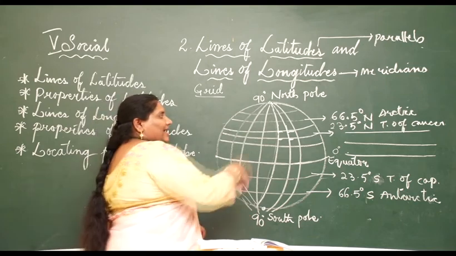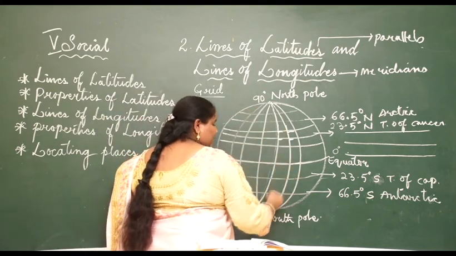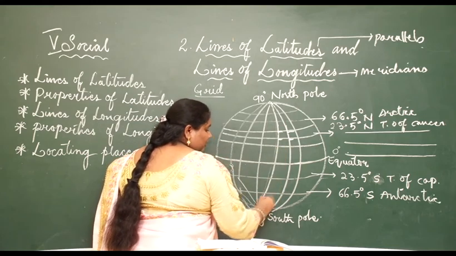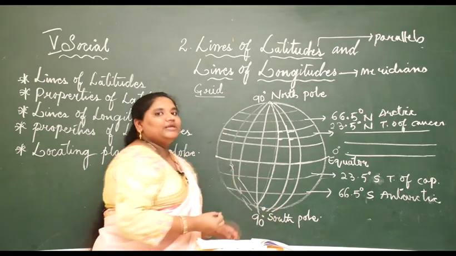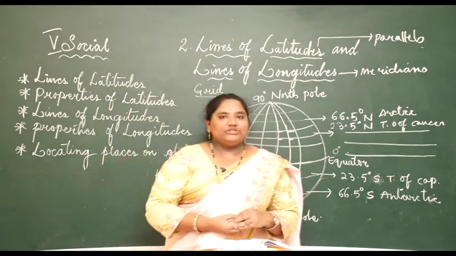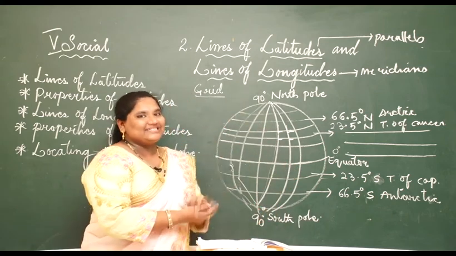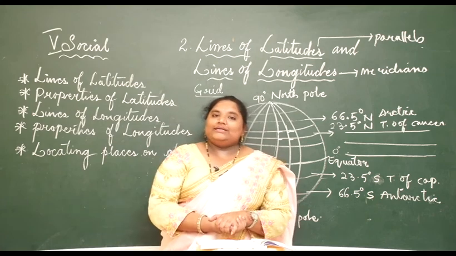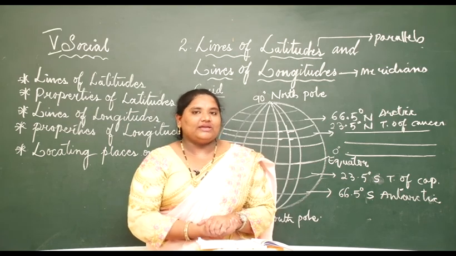Then we have lines of longitude, which are farthest apart at the equator, and their length decreases as they meet at the point. That is what we have learned today. And 180 degrees longitude is also called the international date line, where we can calculate time easily. That is what we have learned today in our class.